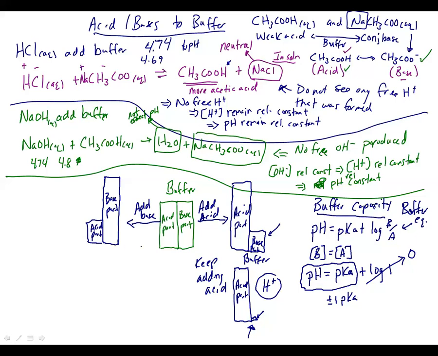Any questions on buffers and, in theory, how buffers actually do work? So again, a reminder, if you say a buffer is a neutral solution, technically that is wrong, because you can make a buffer from pH of 0 to 14, anywhere along there. A buffer is a solution that, once you've made it, has a particular pH associated with it.